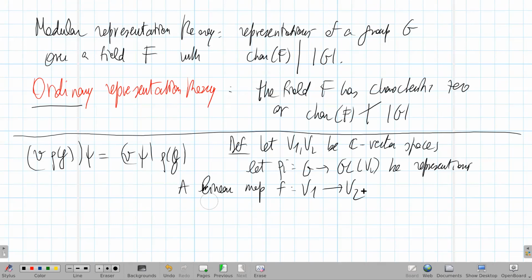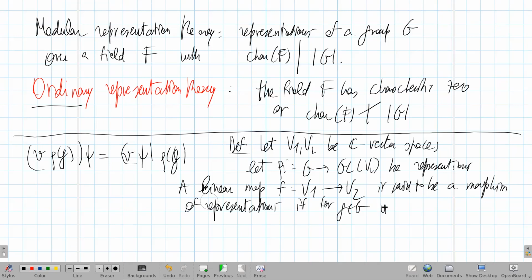So a linear map is said to be a morphism of representations if for all g in G we have, written simply in terms of maps, rho 1 of g f equals f rho 2 of g.